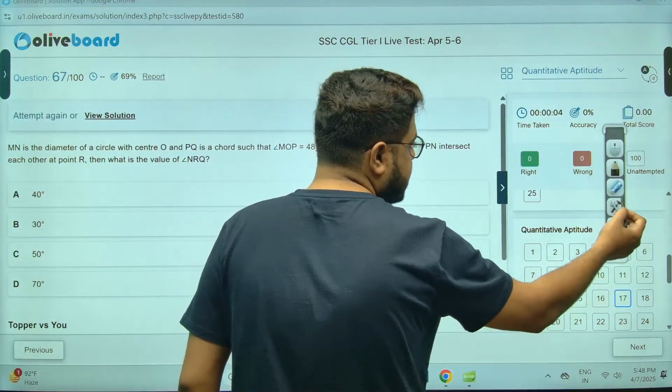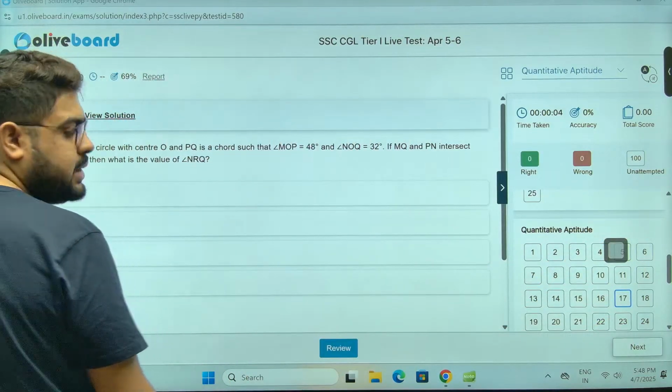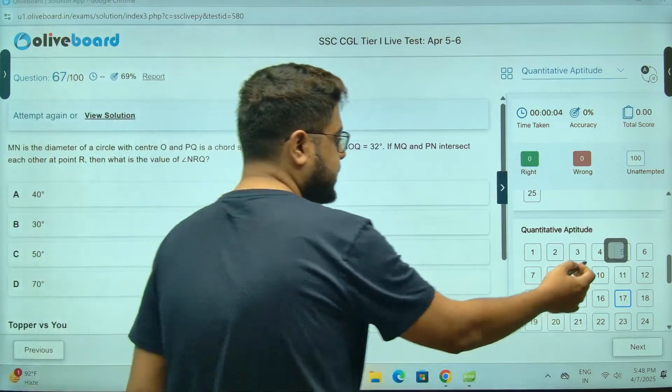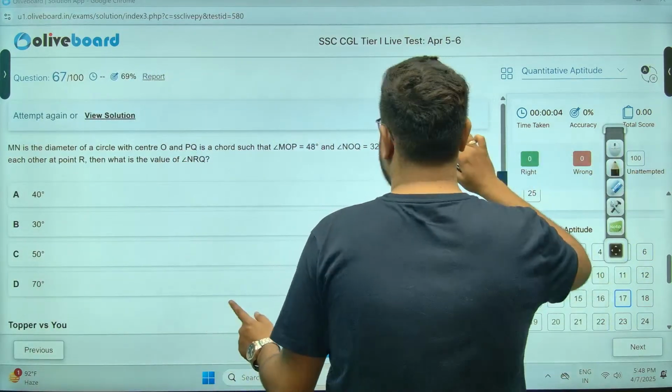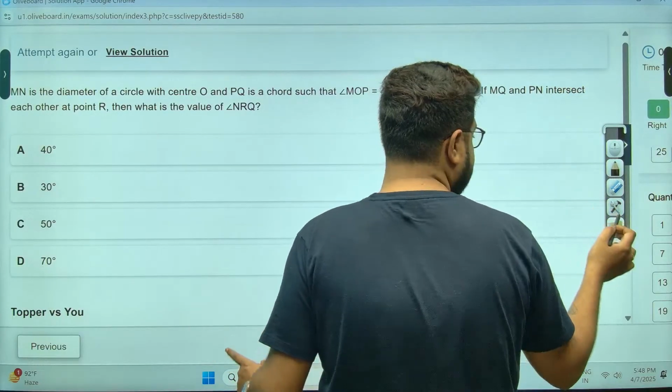What is this, sir? Diameter. A lot of circle questions have been given today. MN, you guys can see, right? Let me just expand this. Zoom this a little bit. I guess you guys can see it now.